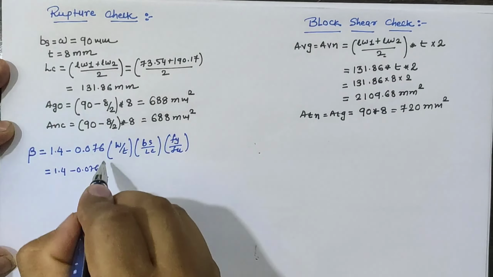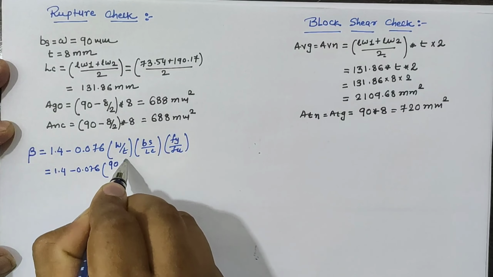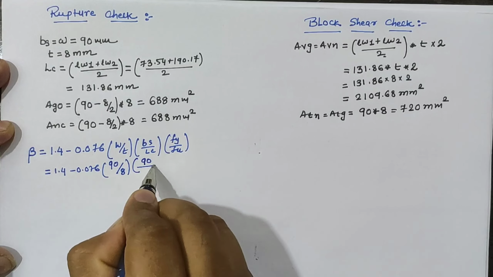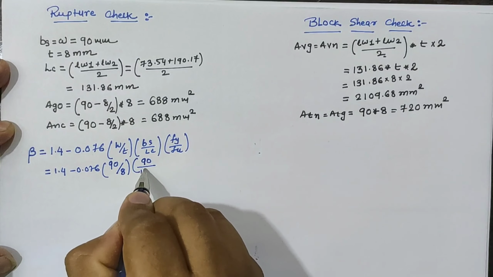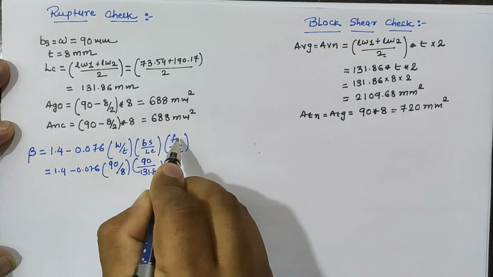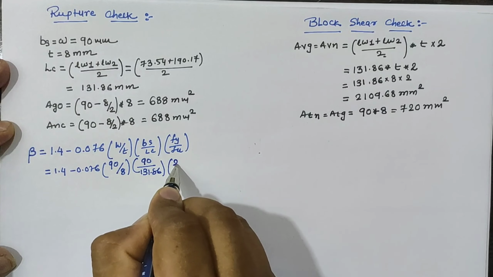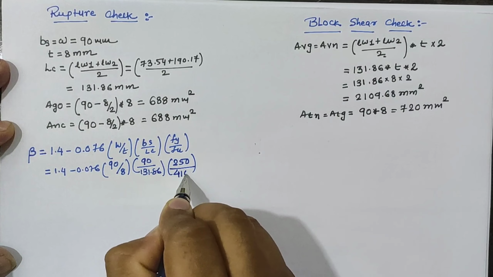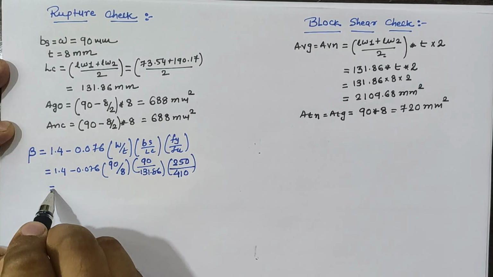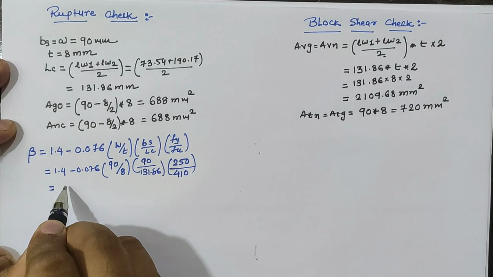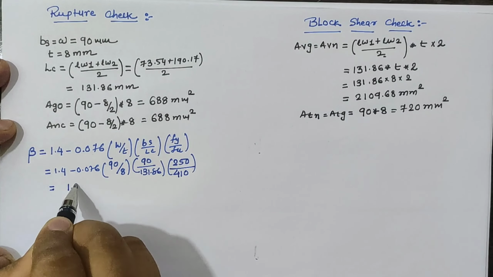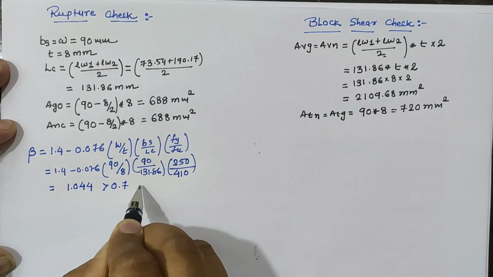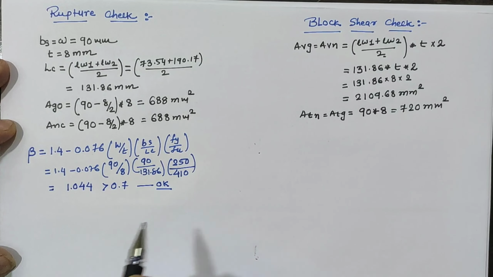W equal to 90, t as 8 mm, bs is calculated as 90, Lc is 131.86, Fy is yield strength of the plate 250, and Fu is ultimate capacity of plate 410, which is equal to 1.044, which is greater than 0.7, hence the value of beta is okay.